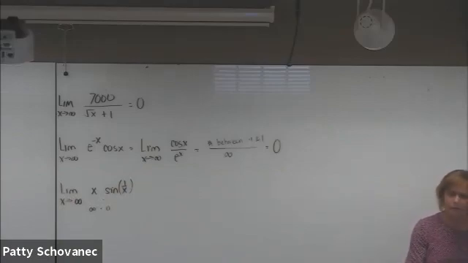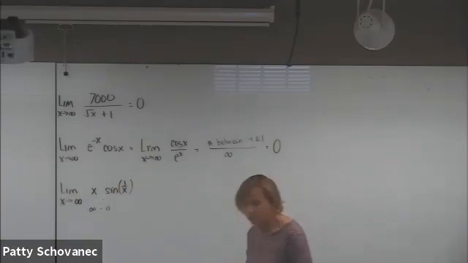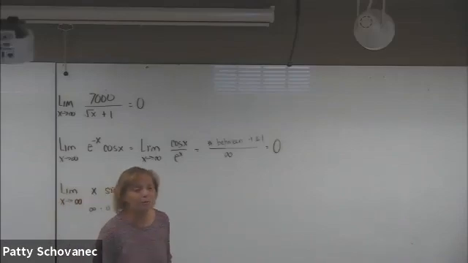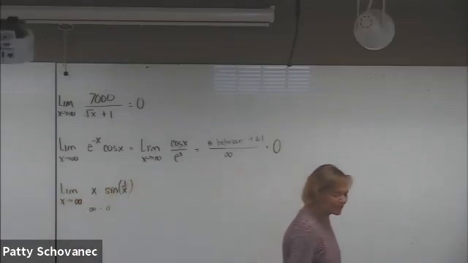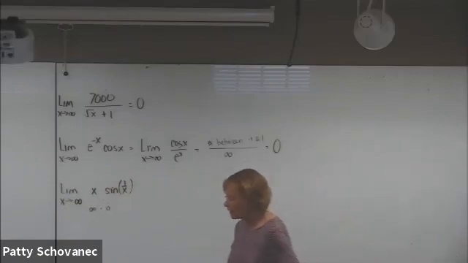Should get a limit of 1 for that third one. Nope, infinity times 0 is indeterminate. But you take it out of that form by doing what? Write it as a fraction.